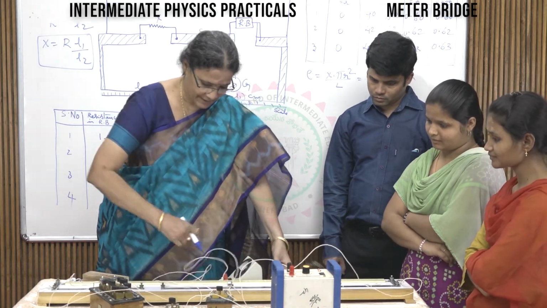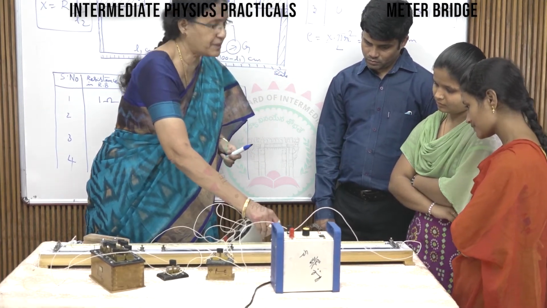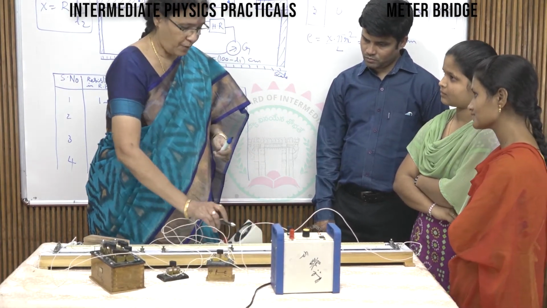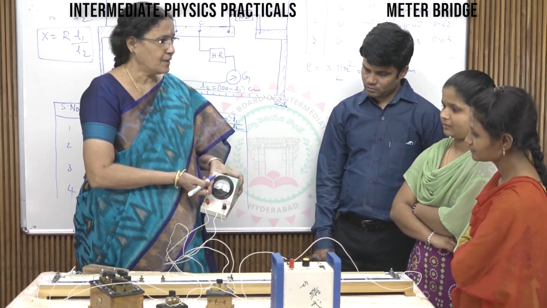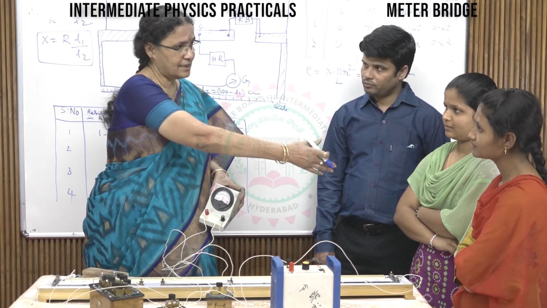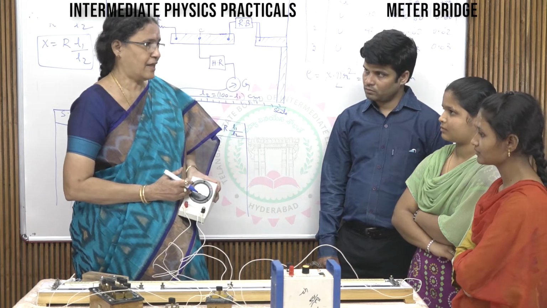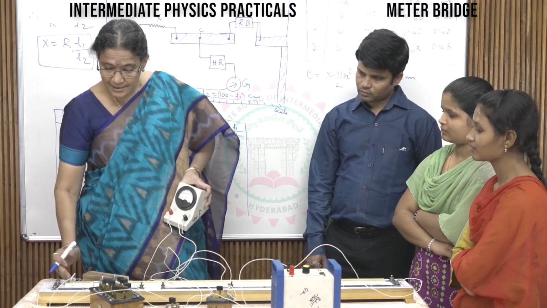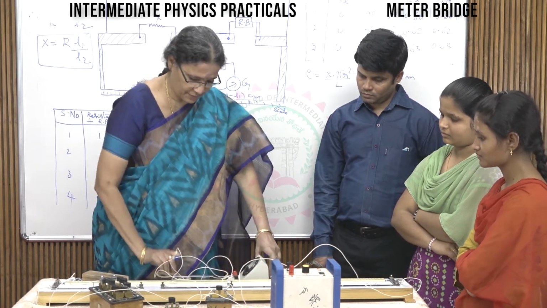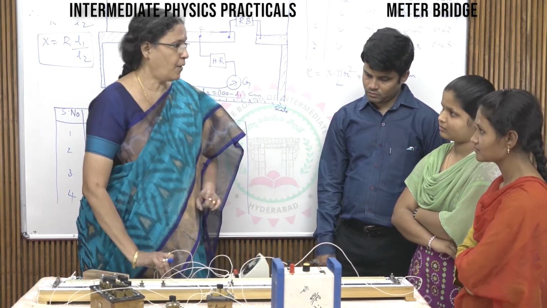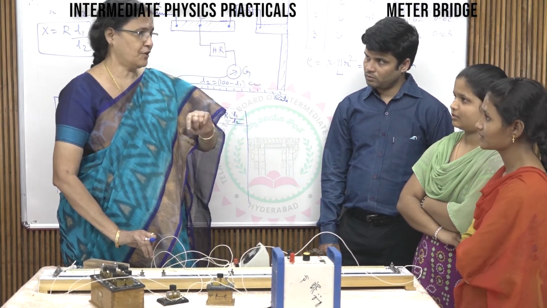So I'm just testing at various points on the meter bridge wire. At the same time, I'm concentrating on the galvanometer. Earlier when I tested on one end of the meter bridge wire, I got one extreme of galvanometer deflection. When I tested on the other end, I got the other extreme. So like that, if I go on checking, at one point what deflection am I getting in the galvanometer? 0 deflection.